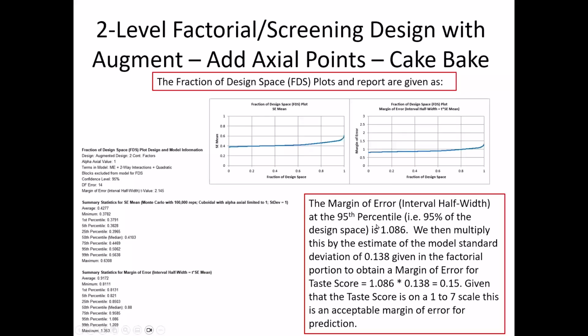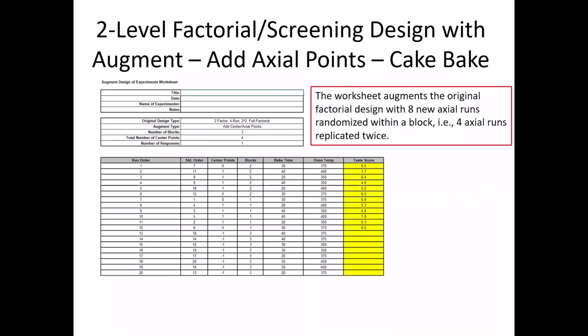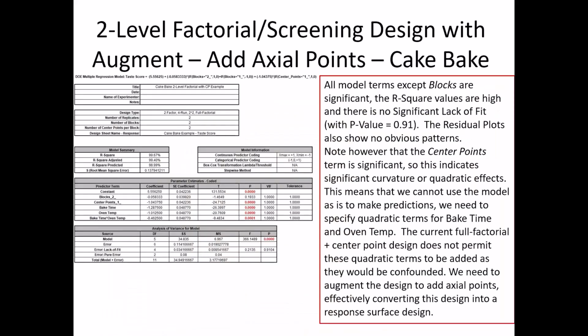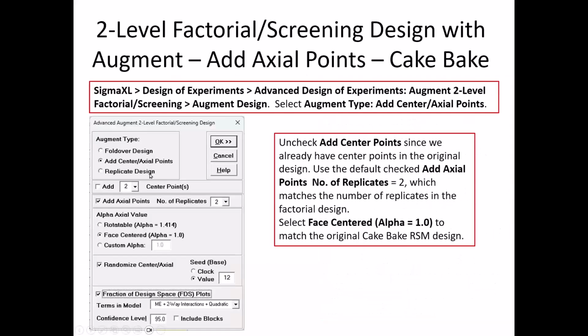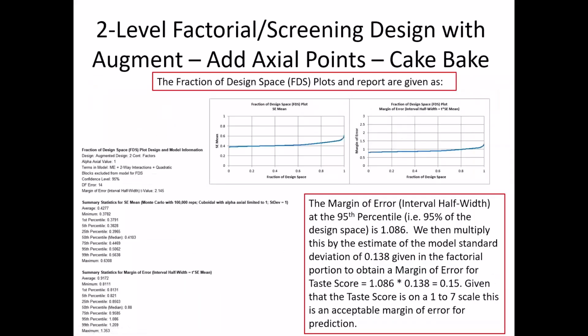So I have here the 95th percentile for the margin of error is 1.086. All right. Now, to get the taste score, I multiply that number by the model standard error. So if I go back, the model standard error was 0.14. So I multiply a 1.086 number times 0.138.